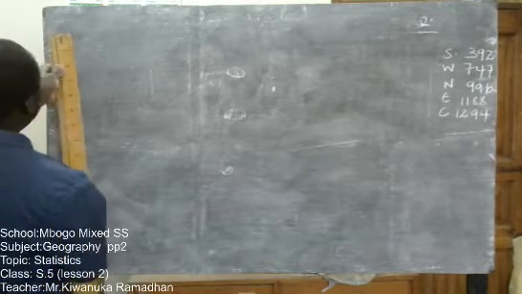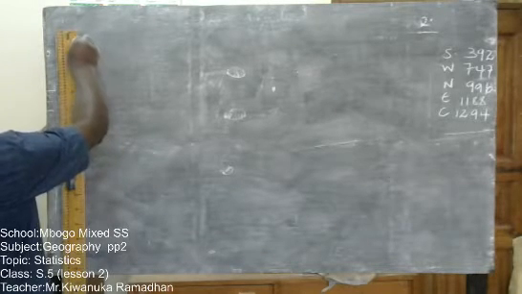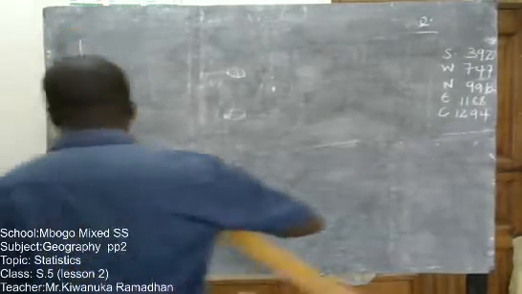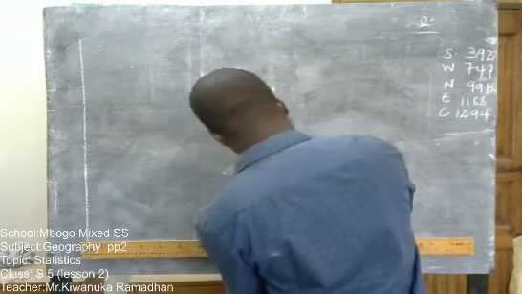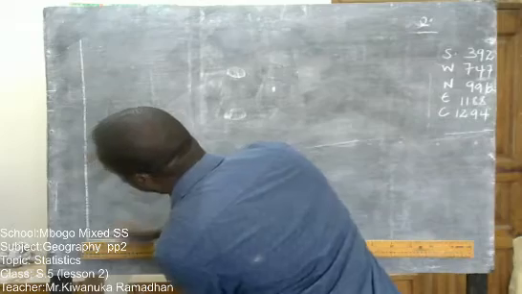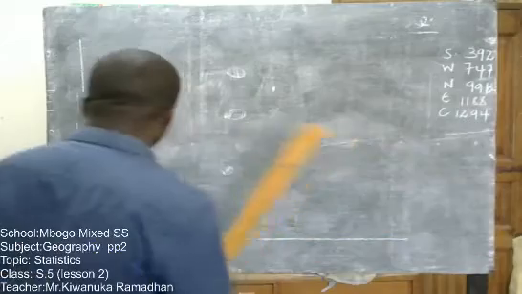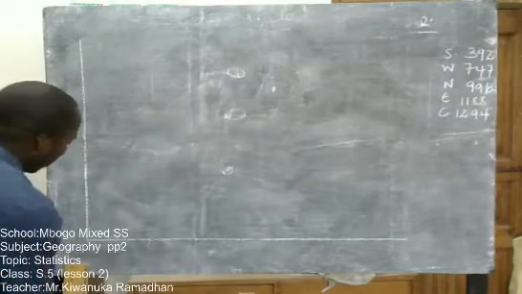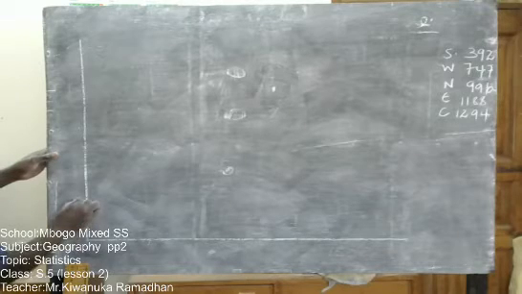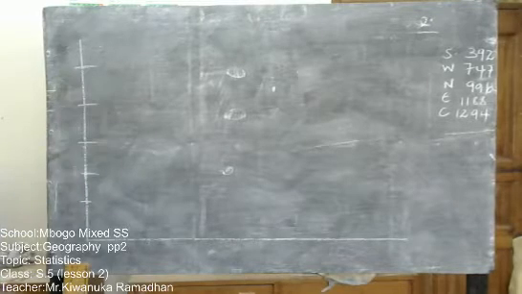So we come up with 10 centimeters here. Then I come up with my horizontal. This is, for example, 1 centimeter, that is 2, that is 4, 6, 8, 10.